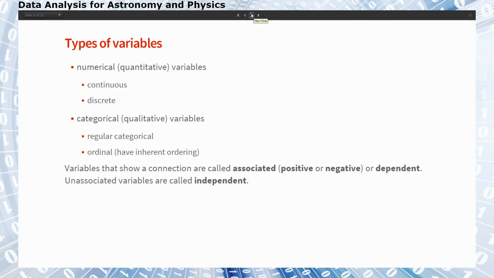For example, looking at the case of a person, that could be the sex, so either male, female, or others. Or it can also be an ordinal variable. These are qualitative variables that have some internal ordering, so that it's clear that you can put them in a regular ordered way.